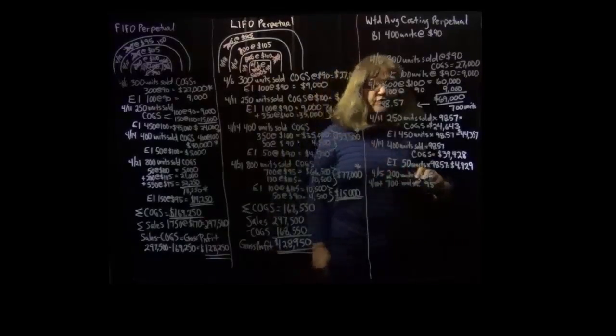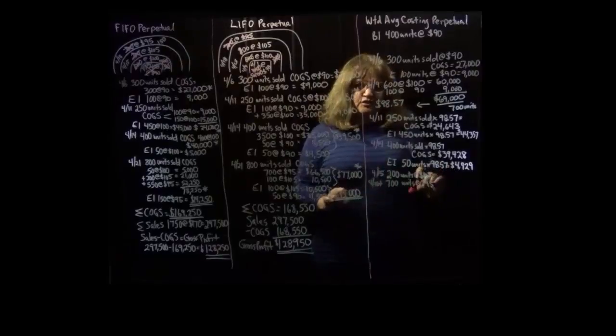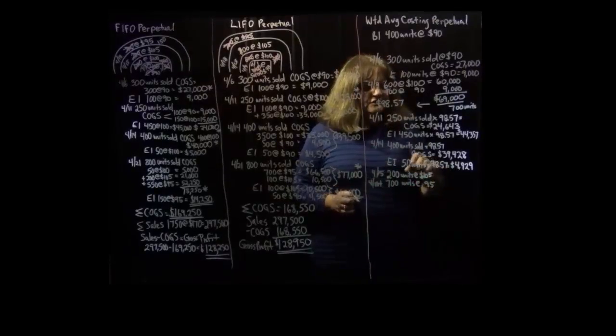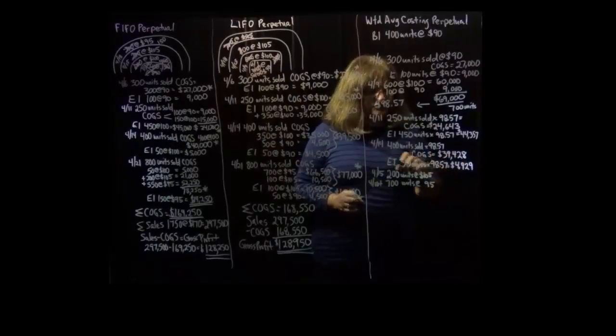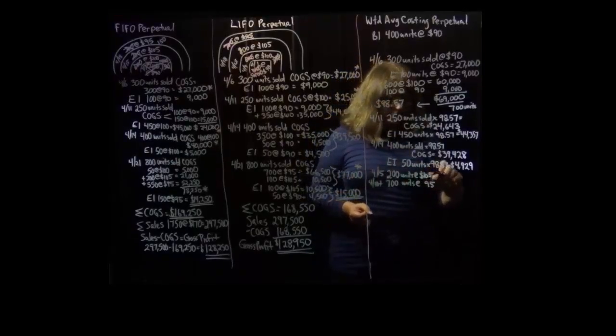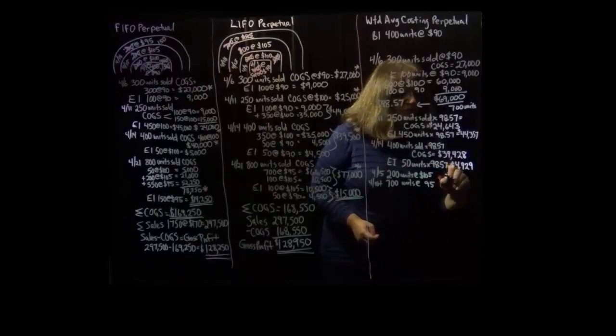So what we need to do at this point is figure out our adjusted average cost. And so we need to consider all the things we had available. So we had this $4,929 available from our ending inventory on the 14th. Plus we had the 200 units at $105, which totals $21,000.